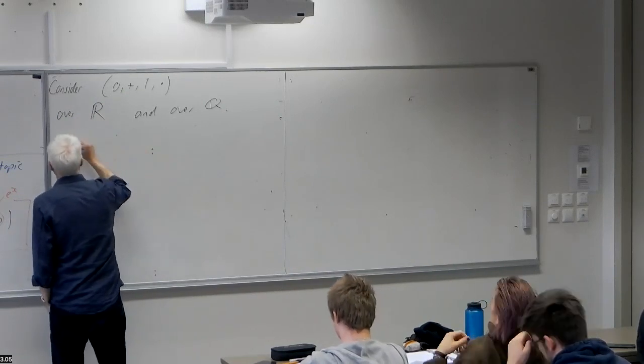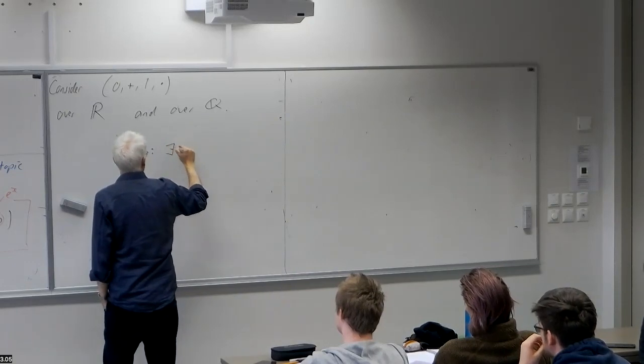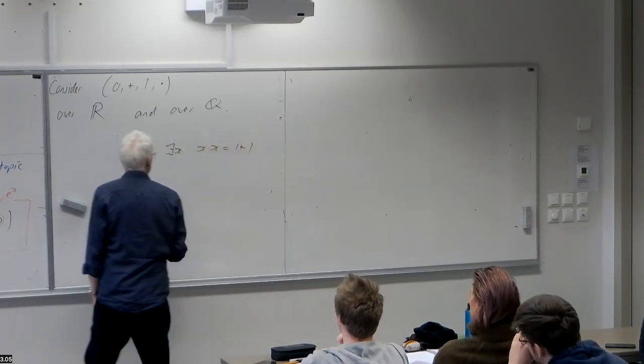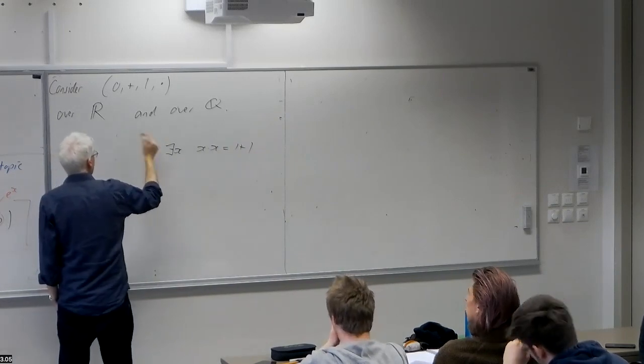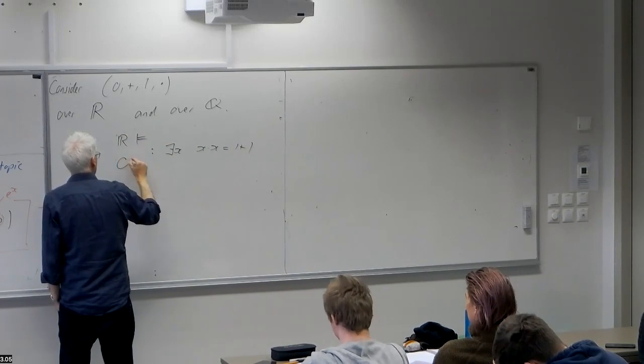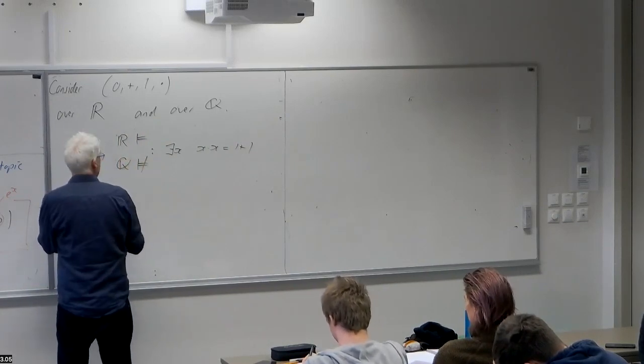So there exists x such that x times x equals 1 plus 1. This distinguishes between the rationals and the reals, because obviously that's true in R, but it's not true in the rational numbers.